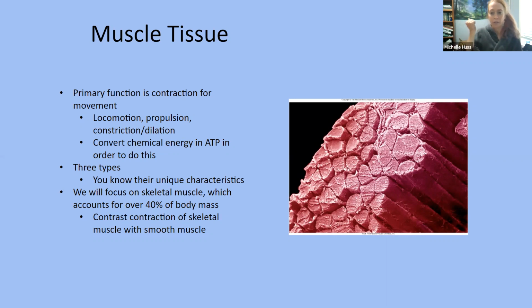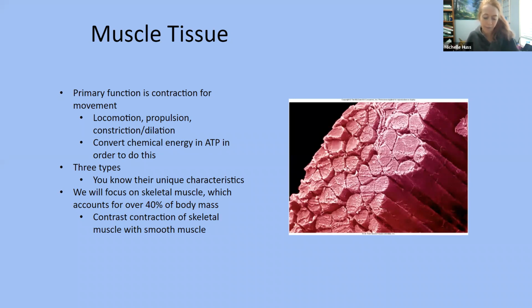That's an isotonic contraction. So you're actually moving that object. But let's say I put a car on the end of my hand and I'm going to try to do the same thing. That's an isometric contraction. So I'm contracting the muscles, but they're not able to move whatever that structure is. In both cases, you are contracting.